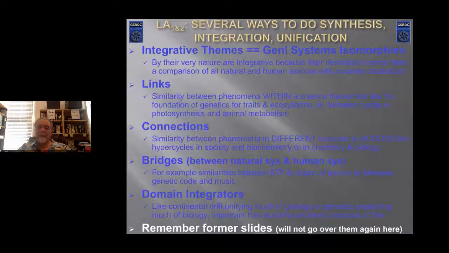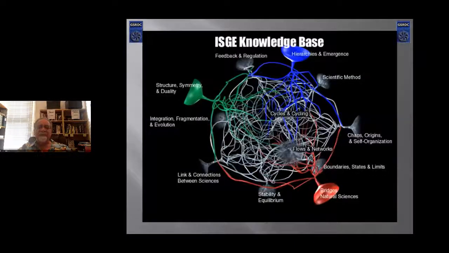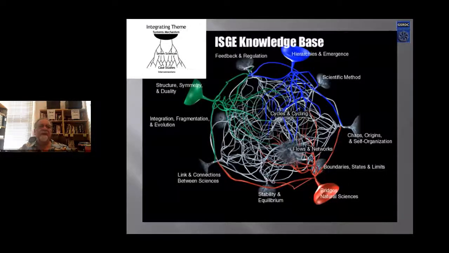So I'll not go over these former slides that talk about these things now, but basically you see here that the ISGE knowledge base was a bunch of interconnections between the isomorphies, and this is what led to the linkage propositions. The integrating theme was the presentation of a systems mechanism, and then illustrating it in the 7 sciences by case studies in the phenomena.